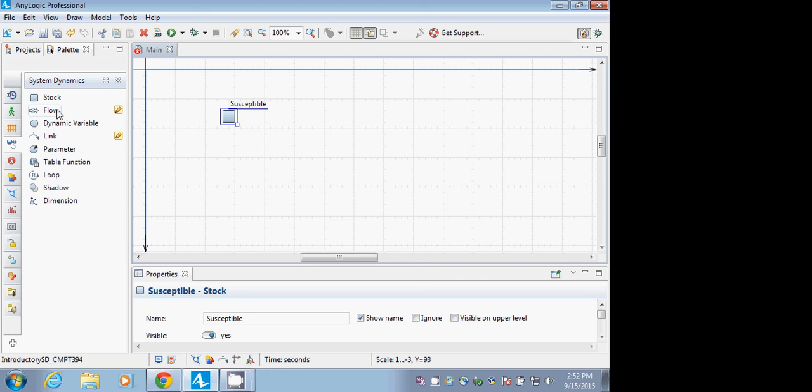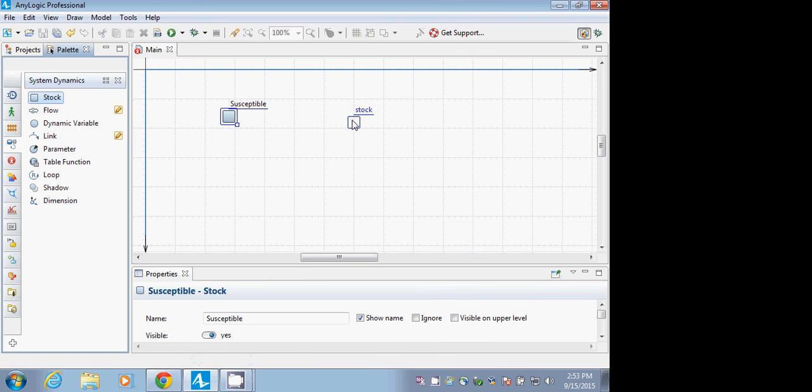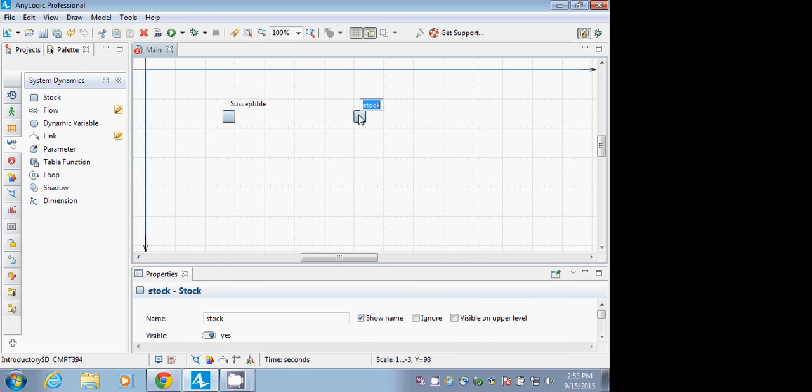Susceptible, and I'm going to do this a little bit quickly because you folks are quick on the computers, and I'd like to go a little bit further in some of our discussion. So I'd like you to drag one of these in for each of those stocks. Susceptible, infectious.